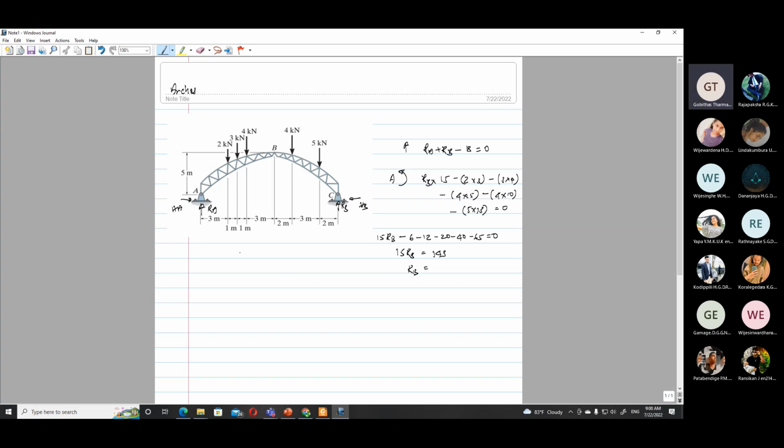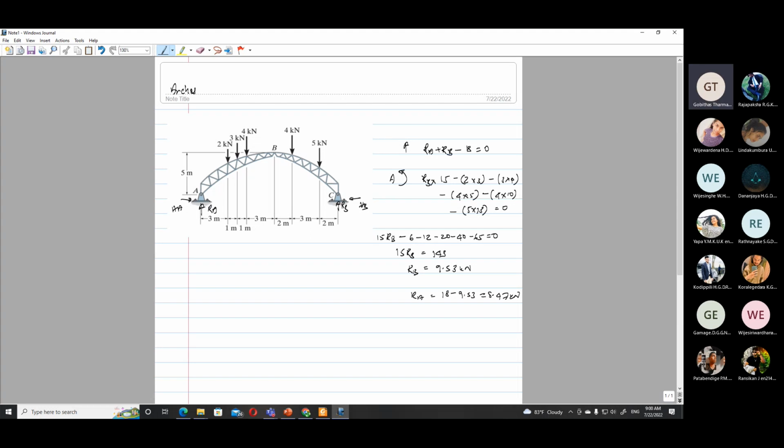That is 9.53. So RA is 18 minus 9.53, that is 8.47. Okay, so those are RA and RB.